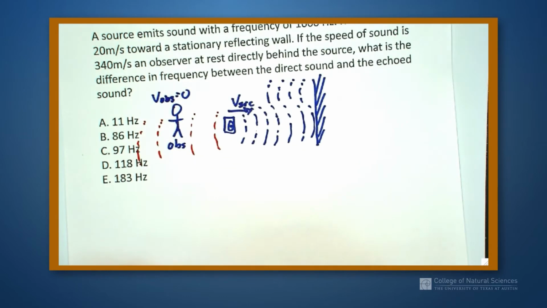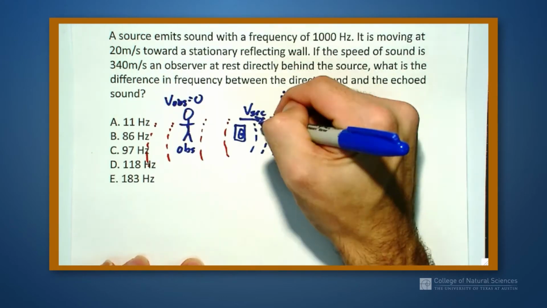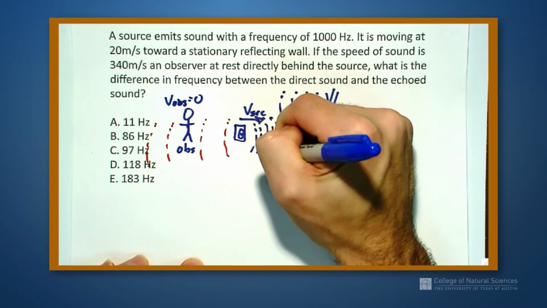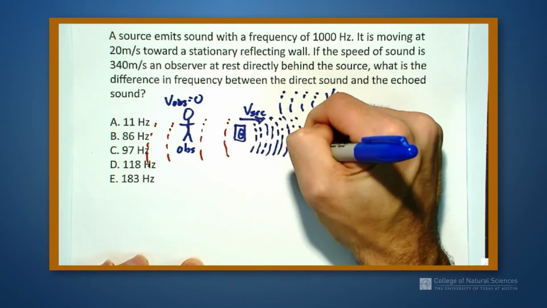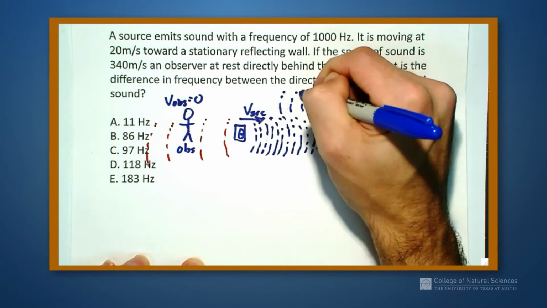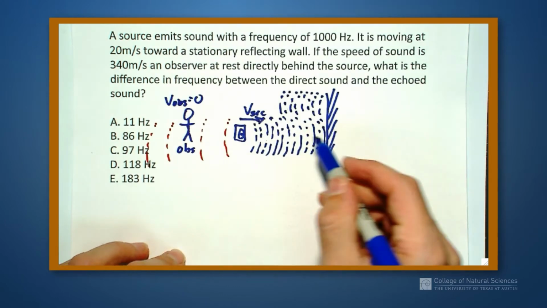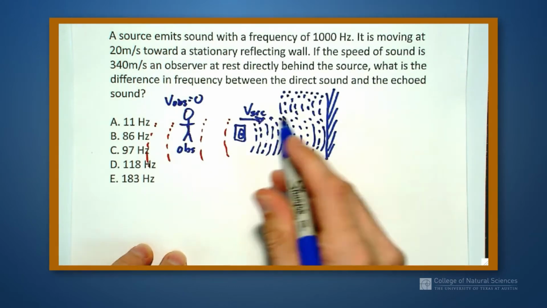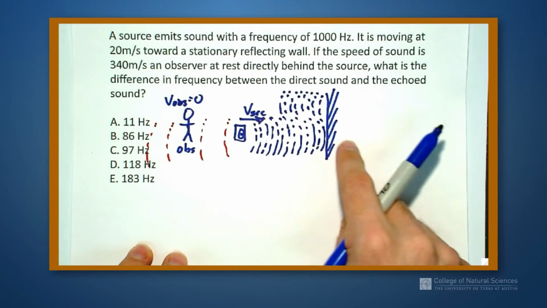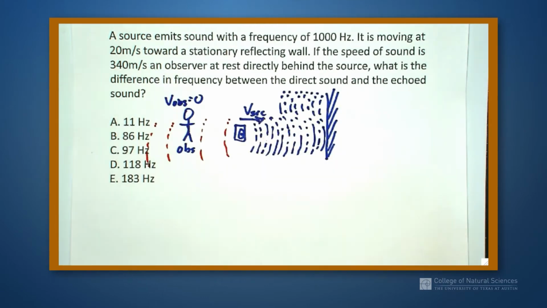So let me draw a few more of these in the blue. Our frequency that we're emitting towards the wall is going to be a higher frequency because of the Doppler shift. It's going to be pushed forward. So we're going to produce these waves closer towards each other as the source produces the sound and moves towards the wall.